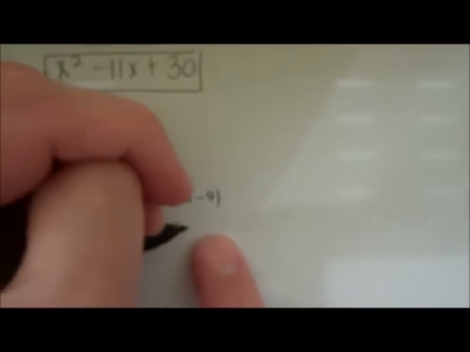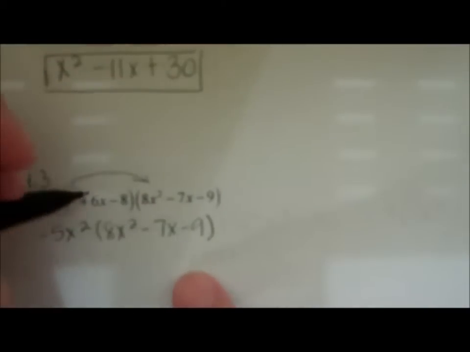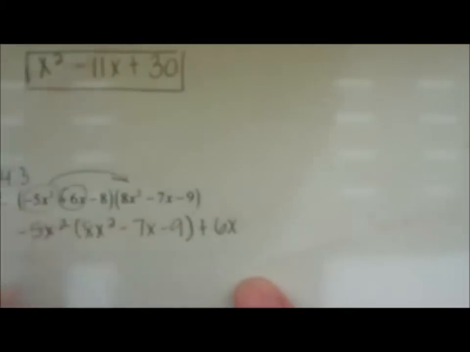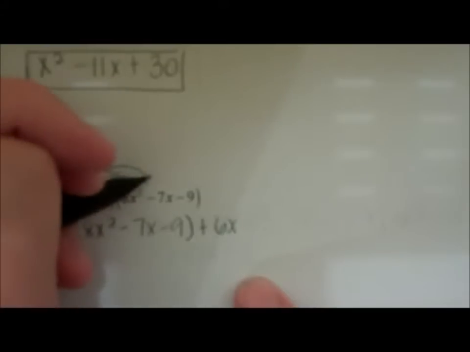For number 2, this comes from section 4.3. I'm going to do the same thing. I'm going to take this first term, negative 5x squared, and distribute it to the entire parentheses, 8x squared minus 7x minus 9. Take the second term, positive 6x, and distribute it to the entire parentheses, 8x squared minus 7x minus 9.